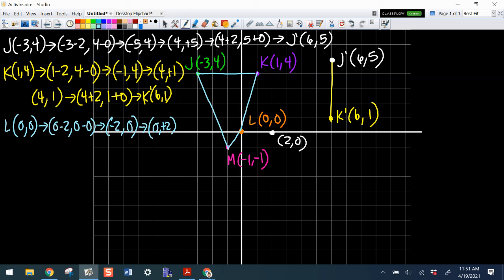So it'd be (0, 2). Now let's add our center of rotation back. So we're going to add 2 to our x and 0 to our y, so that L prime is now located at (2, 2). Again, this one's the easiest one to see, a 90-degree clockwise rotation around this center of rotation, (2, 0).